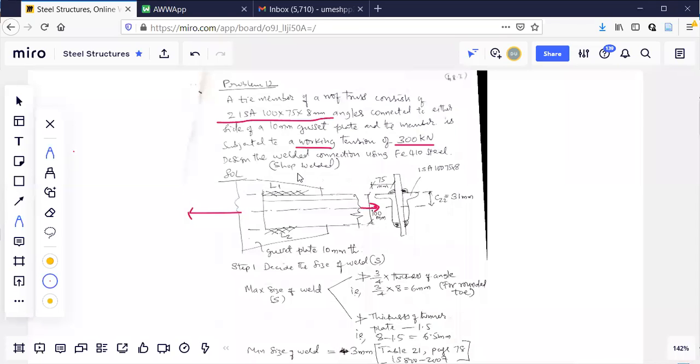So this is the problem: design the weld connection using Fe415 steel. Are you able to see and read this problem, or do you want me to zoom it?